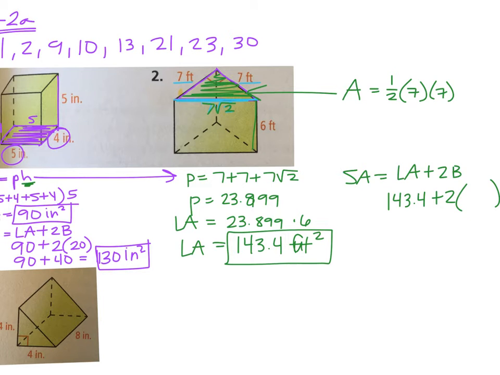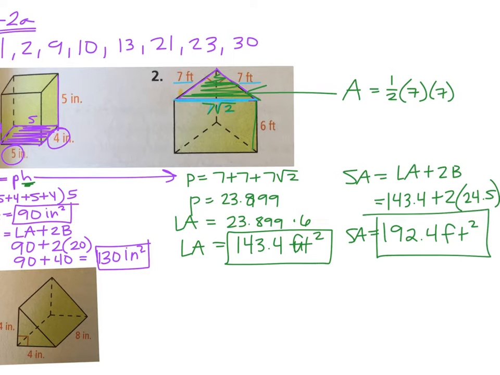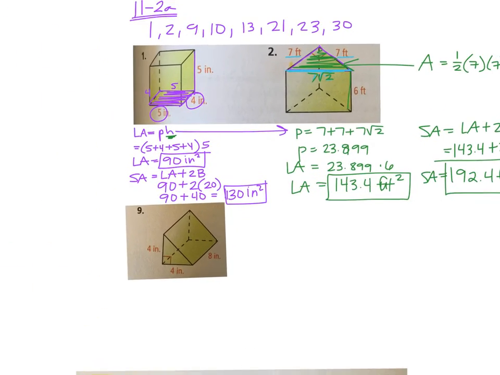So you get 24.5. And then you plug that in, so that comes out to 192.4 square feet. Okay, that's 1 and 2.